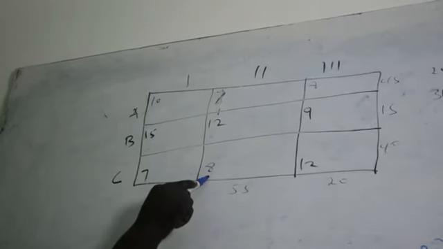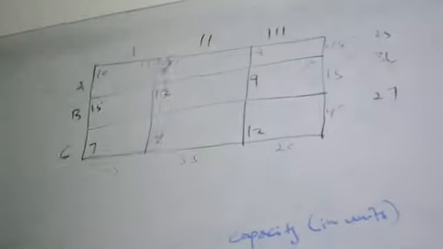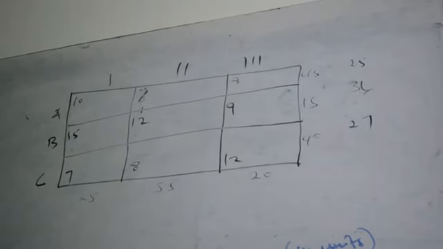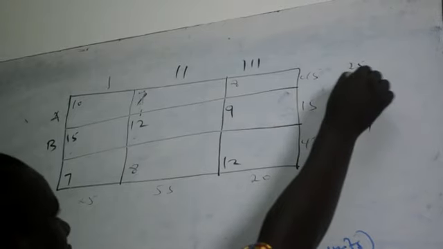Then 7 plus 8 is 15, plus 12 is 27. Now, you choose the largest figure in these three. We have 25, we have 36, and we have 27. So the largest is 36.